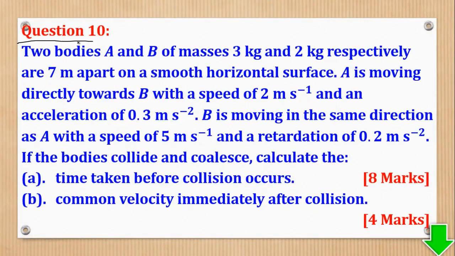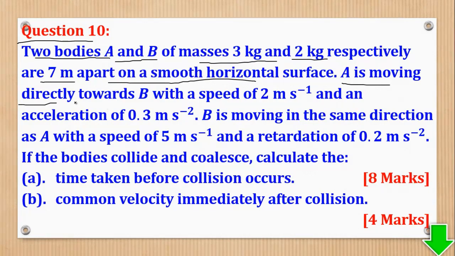Then question 10 says, two bodies A and B of masses 3 kilograms and 2 kilograms respectively are 7 meters apart on a smooth horizontal surface. A is moving directly towards B with a speed of 2 meters per second and an acceleration of 0.3 meters per second squared.